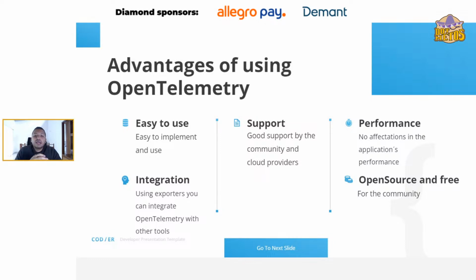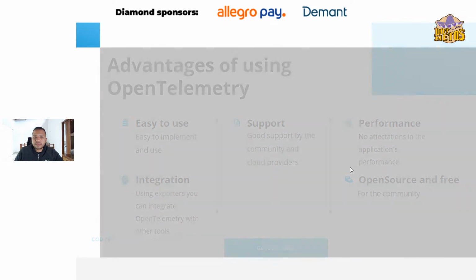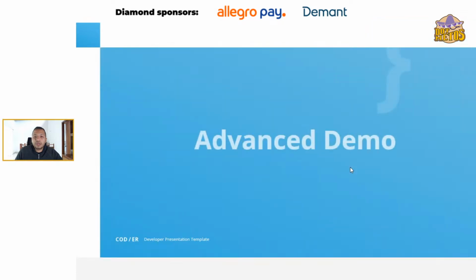Also, Jaeger, and some tools that are related to getting this telemetry data and showing us a better user interface in order to understand better the data that we are processing. Okay, and also remember, OpenTelemetry is completely open source and free. It's from the community for the community, so we don't have to pay anything in any scenario. It's completely open source. So let's go to the next slide.